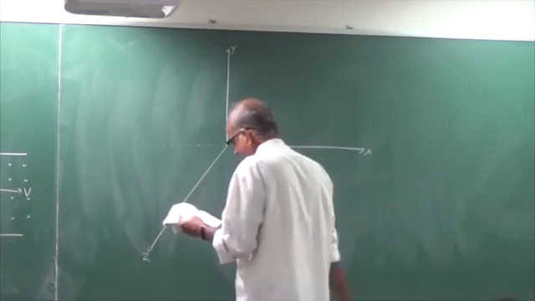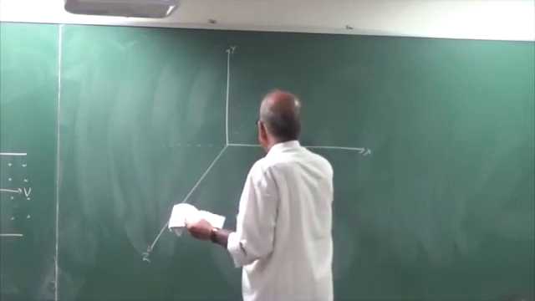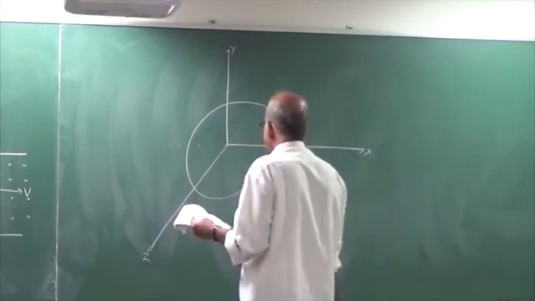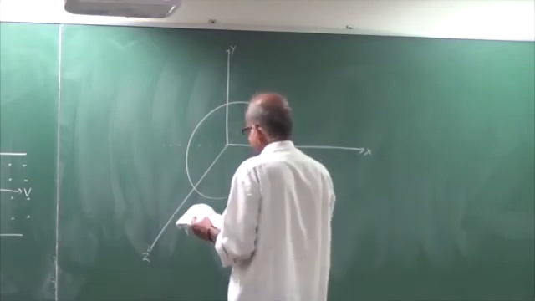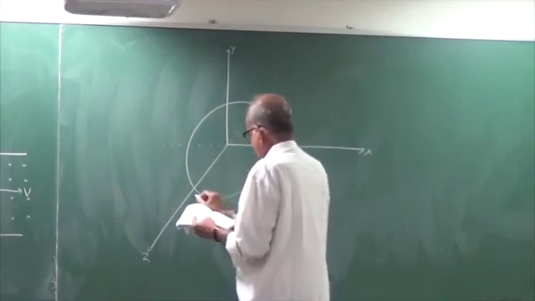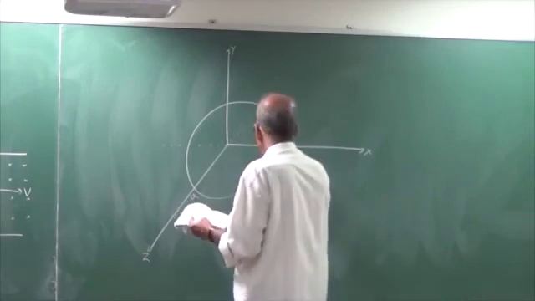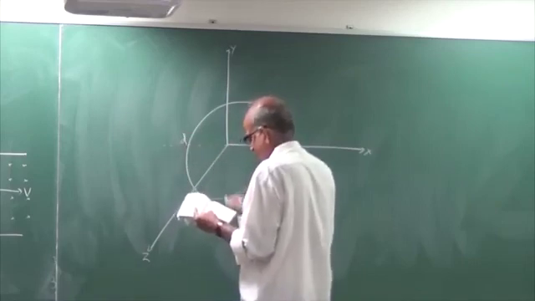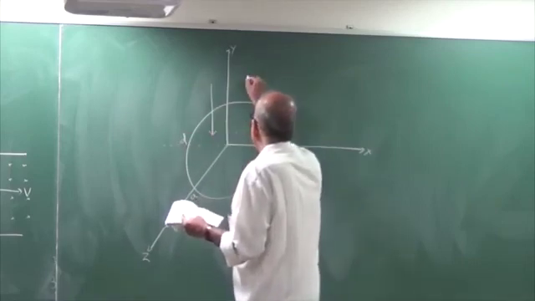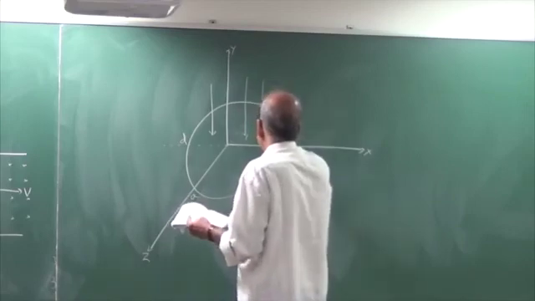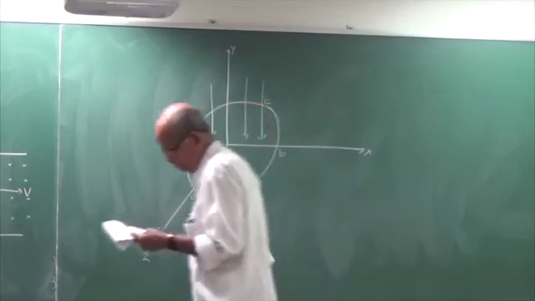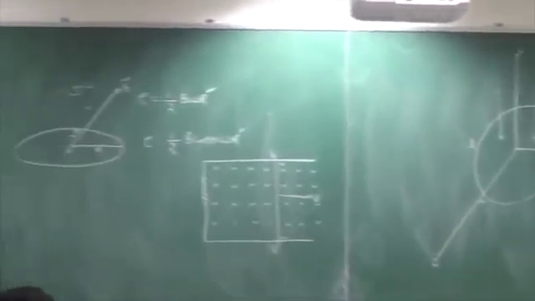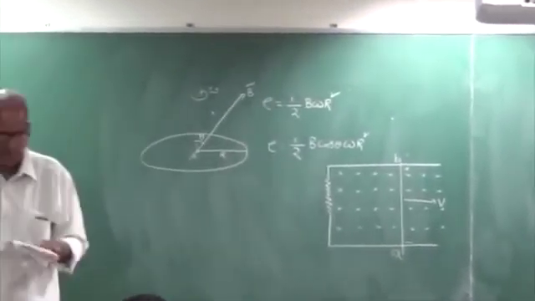In the xz plane, there is a circular loop lying in the xz plane. I'll call the points A, B, C, D. There is a magnetic field directed along the negative y direction.